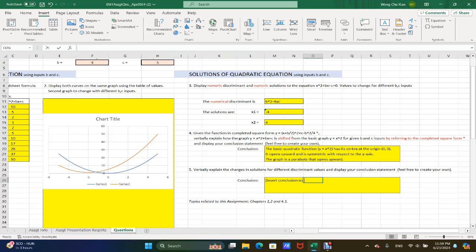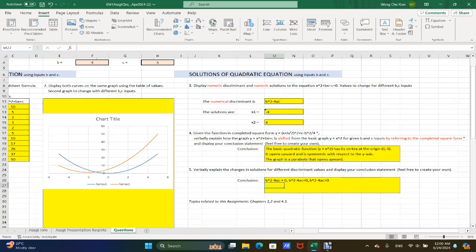For discriminant values, we have three cases: b squared minus 4ac equals 0, b squared minus 4ac less than 0, and finally b squared minus 4ac greater than 0.